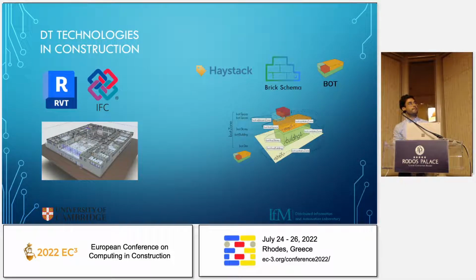Now, we think digital twins represent the convergence of the emerging technologies in the AEC and facility management industry. We had BIM representing the new way of modeling our information about buildings, storing it and sharing it, with IFC being the main means for exchanging information between systems.